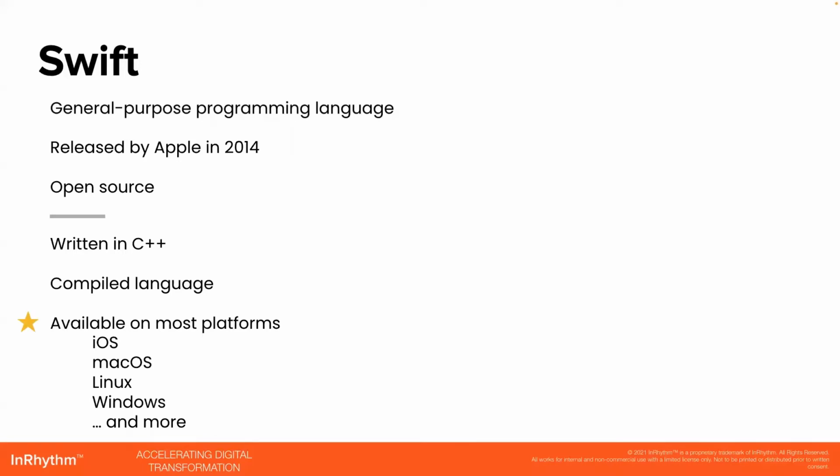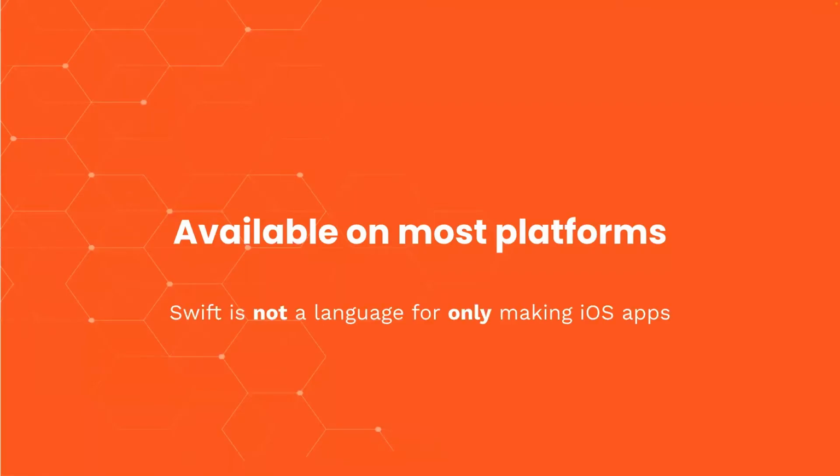So I really want to hone in on this one area right now, available on most platforms. It is not a technology specific to iOS or macOS, right? It is not a language for only making iOS apps. Swift is a very versatile language that can be used in a wide variety of applications.